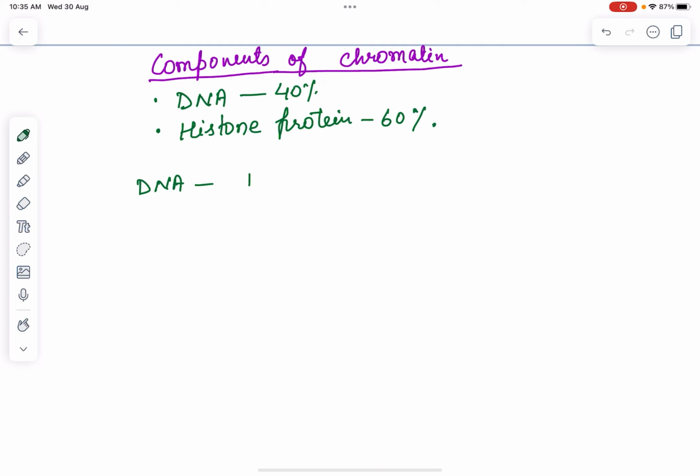and hence it is described as macromolecule. DNA is called macromolecule. If you unwound all the DNA in a single cell, it would form a string that is around 2 meter long. If you unwound, means you take out the DNA molecule from the chromosome, it will be approx 2 meter long.